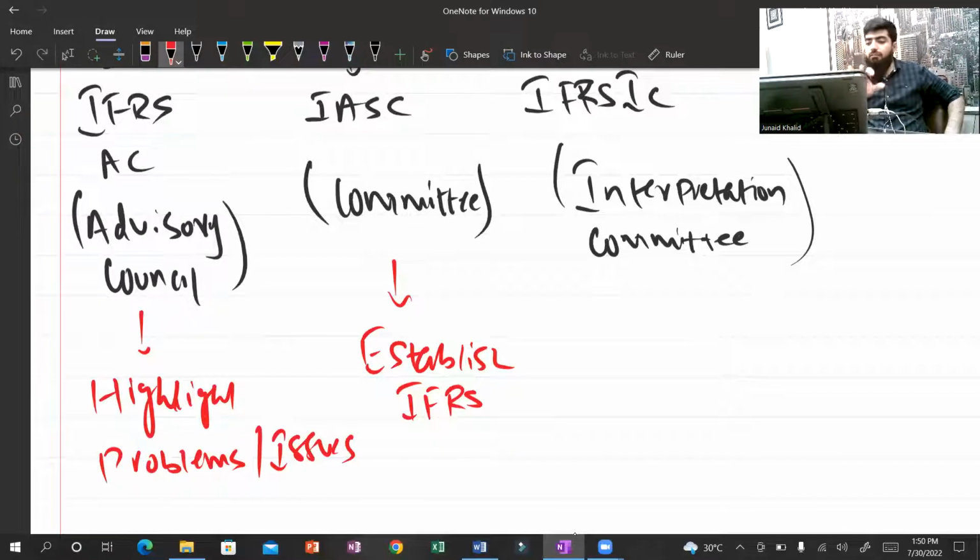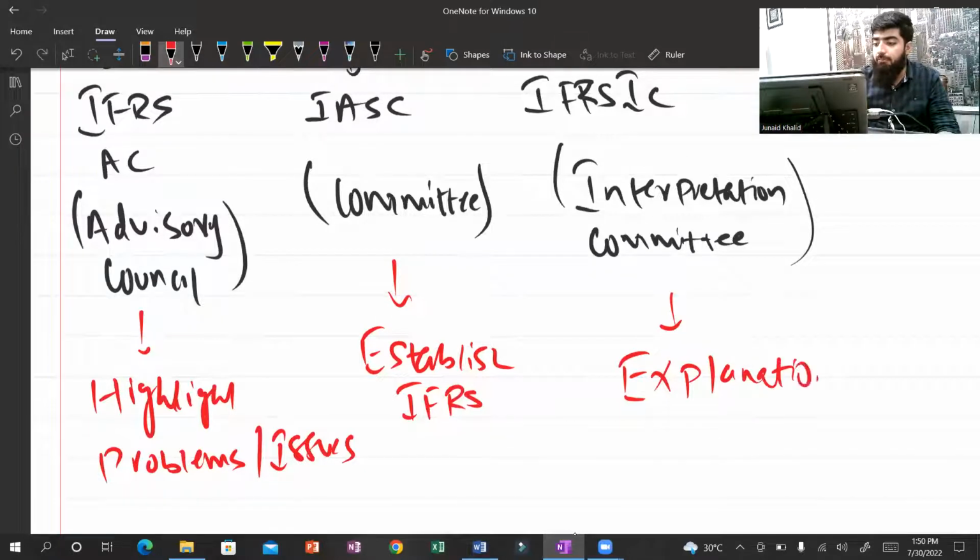So all these confusions are cleared by the team or committee that is known as the Interpretation Committee. So the Interpretation Committee gives you an explanation of the accounting standard: why the standard is established, what was the reason behind it, and why these treatments were incorporated. All these explanations will be given by the Interpretation Committee.